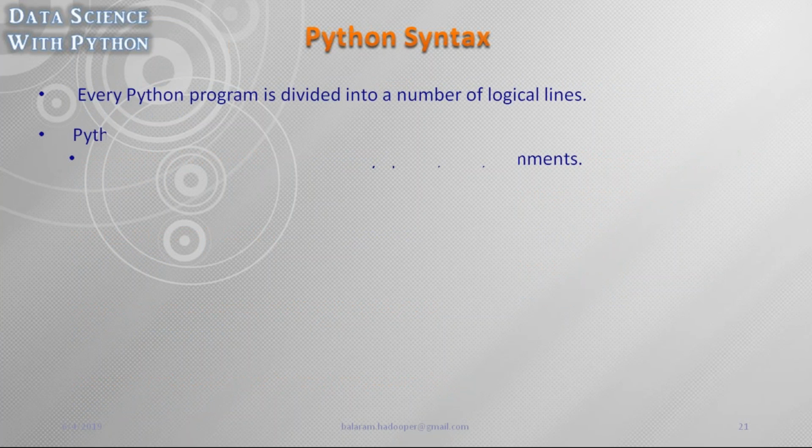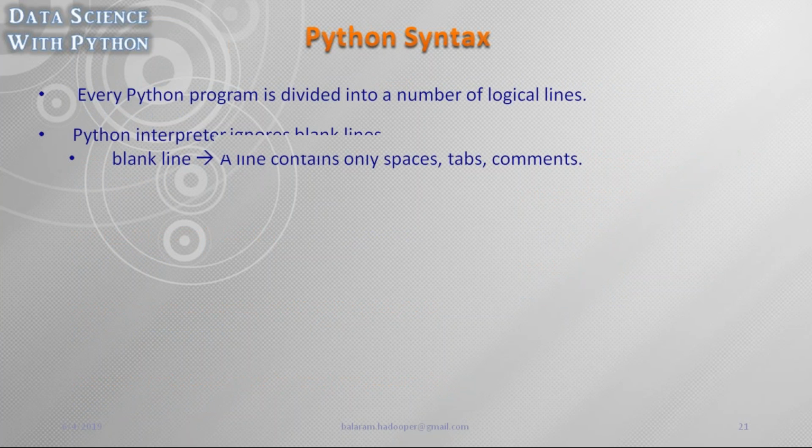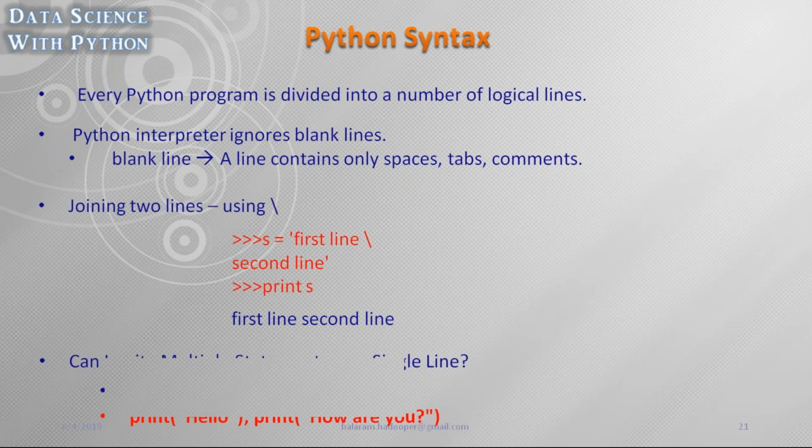Now Python syntax. Syntax means, see here, we can use multi-line strings also. Multi-line string means you can give strings over multiple lines, meaning that sometimes we may not type the entire text in a single line.